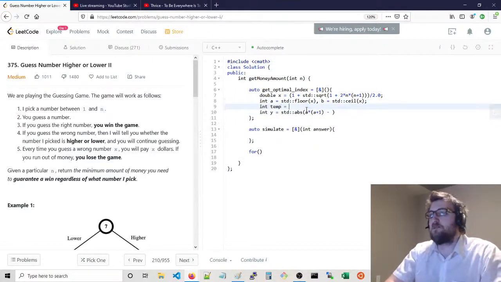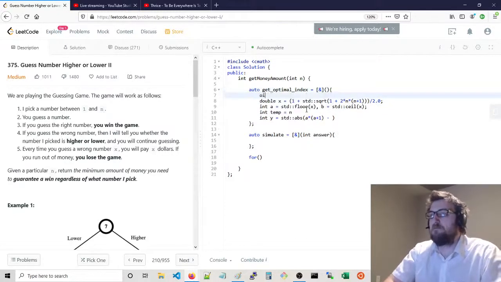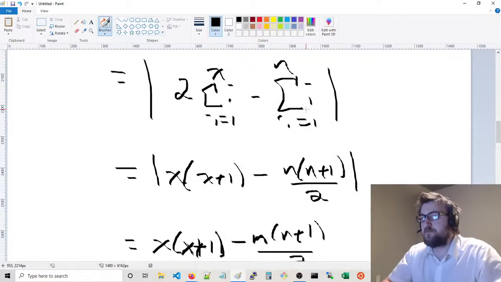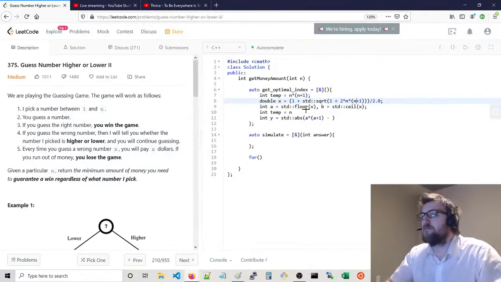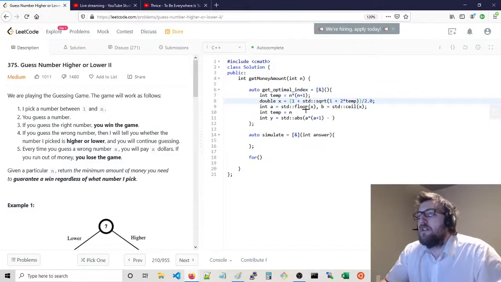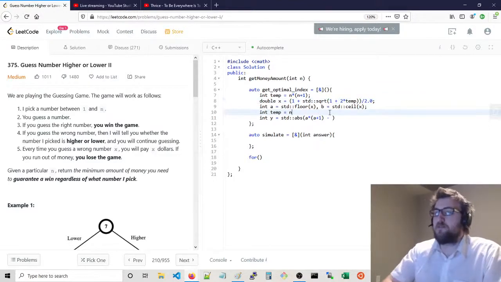I will call this int temp, equals n, since that particular number is used a bunch of times.